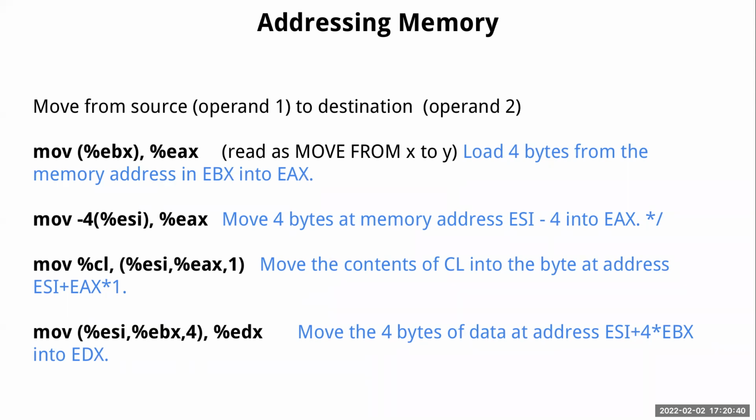You may find this a little bit weird, but think of it more like an array operation. If you are doing some array operation a lot of times, this is what your code will look like. The first one is the base of the array. This one is a constant, like the size of each item in the array. And then EAX is the index of the array. So if you do a loop here and change EAX, then you are moving a lot of data to that array.